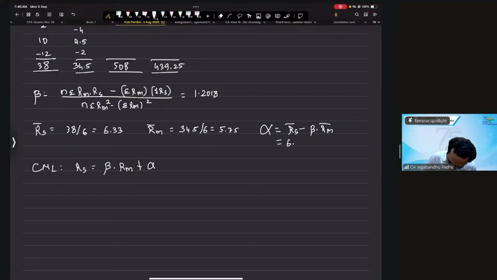So average return of security is 6.33 minus beta, 1.2018, into 5.75. So what is alpha? 6.33 minus 1.2018 into 5.75.